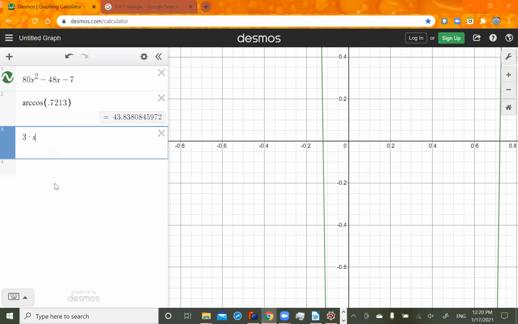Let's make this angle equal to A: 3 times sine A plus 4 times cosine A plus 5 times sine A. So 8.426.